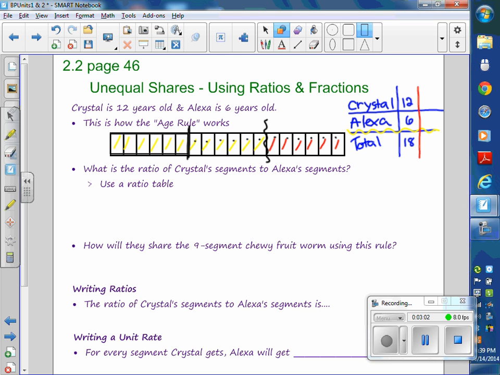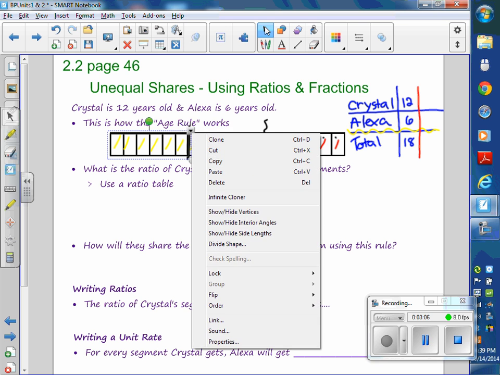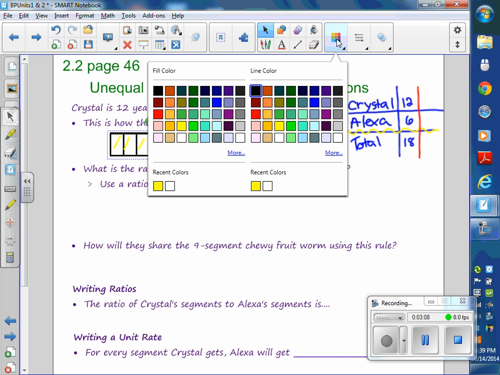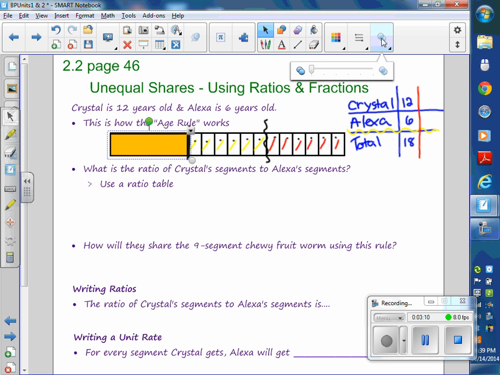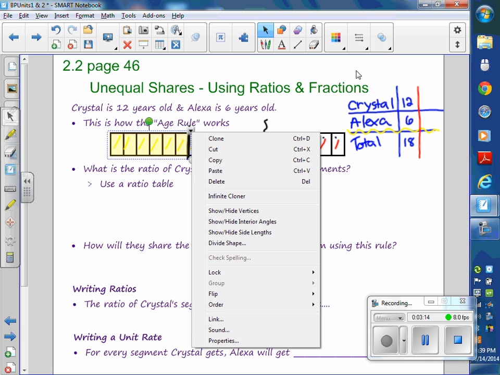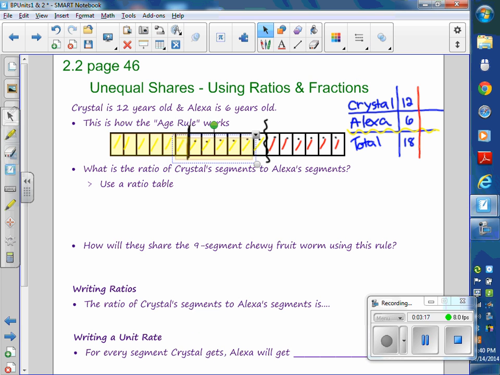She's got this little piece here. So she has 2 parts to Alexa's 1. So with the ratio table, we can see that maybe a little bit with a lot less work.